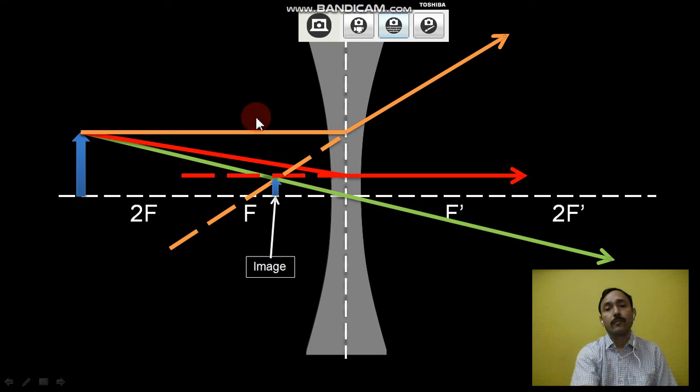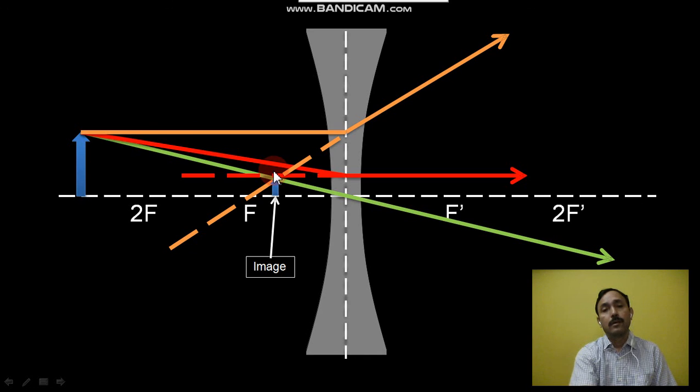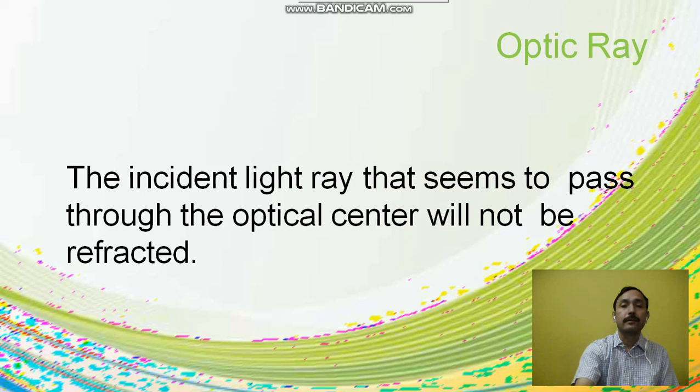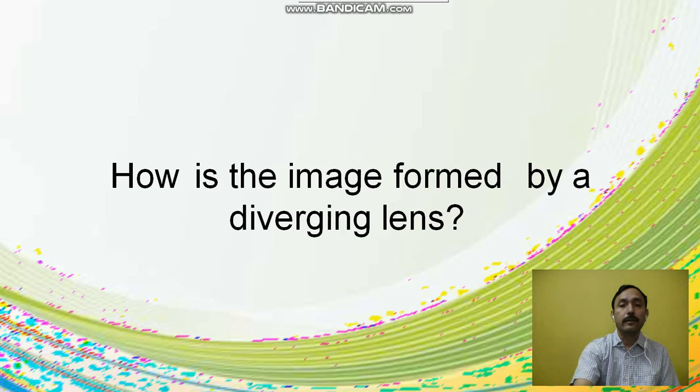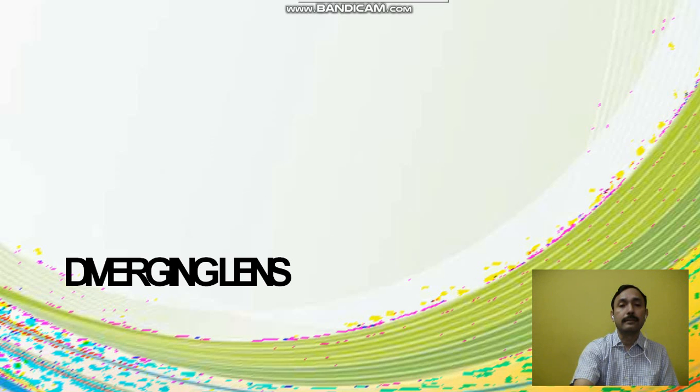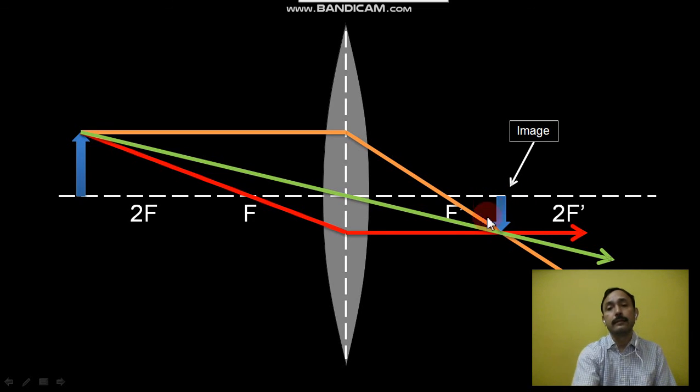This image is a virtual one because this cannot be produced on the screen. This is a virtual one, but here the image is the real one. In case of a convex lens, this is a real image, inverted, diminished in size, for this condition where the object is outside 2F.